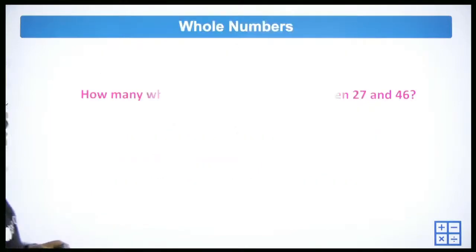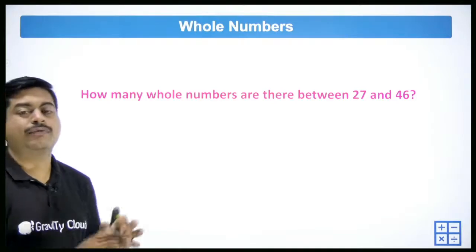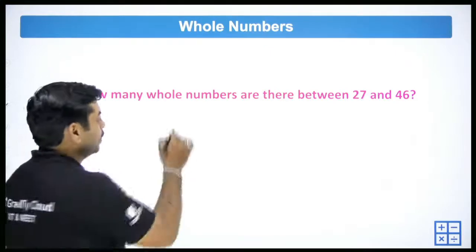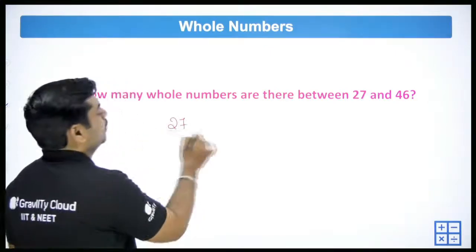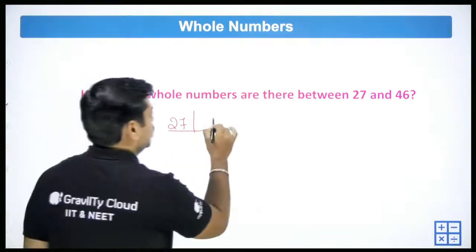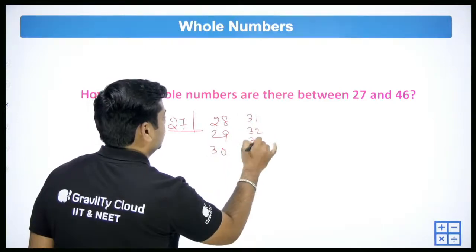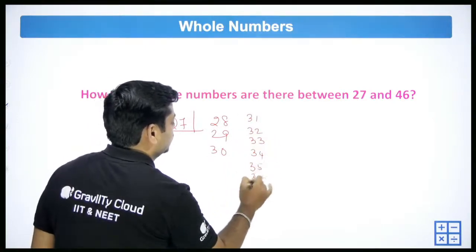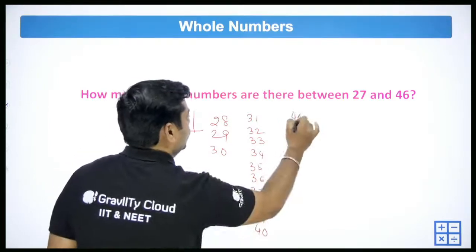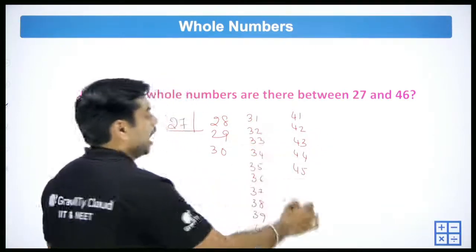Now let's try to understand how many whole numbers are there between 27 and 46. So between two numbers, how to find how many whole numbers are there? From 27, let's try to write all the numbers till 46. So 28, 29, 30, 31, 32, 33, 34, 35, 36, 37, 38, 39, 40, 41, 42, 43, 44, 45 and the last number is 46.